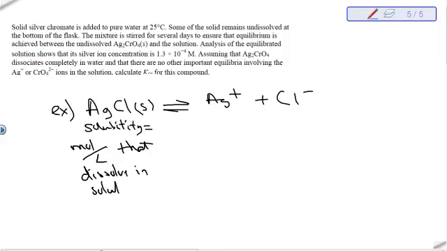Now, sometimes solubility is reported in grams per liter or grams per whatever. Just remember, if you do find it in moles per liter, which we will, KSPs work with molarity, so when you find it in moles per liter, if you're asked to report it in grams per liter, you would just convert the moles to grams using molar mass, for example.